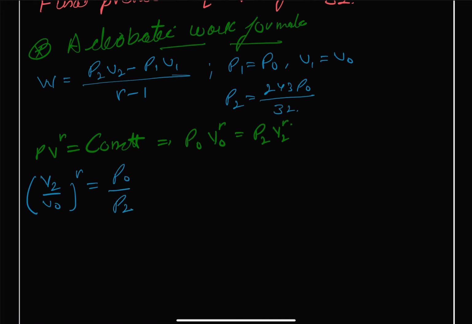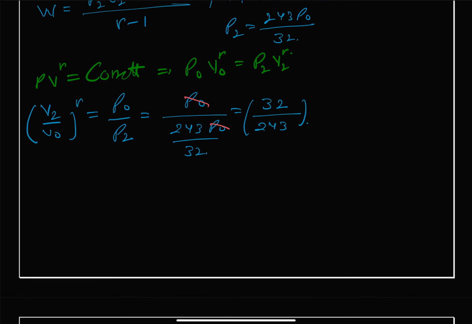And gamma is our 5/3, therefore P2 is 243 times P naught divided by 32. P naught and P naught cancel out, so this comes as 32 divided by 243, and gamma is 5/3.